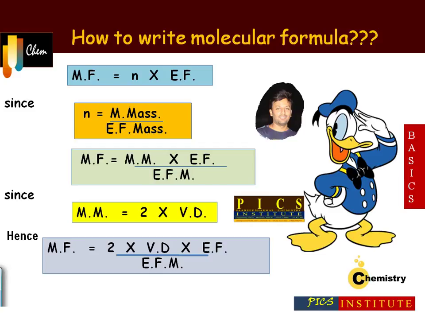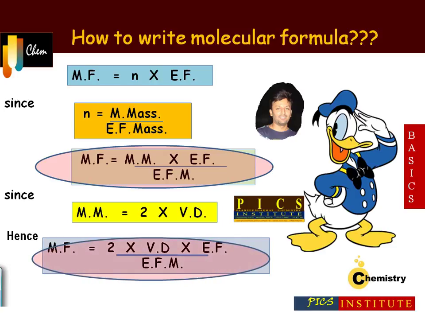So in a numerical, if you are provided with molecular mass, then use this formula, and if in the numerical statement you have vapor density, then use the second formula. So you have to use only these two formulas, one in terms of molecular mass, another in terms of vapor density.